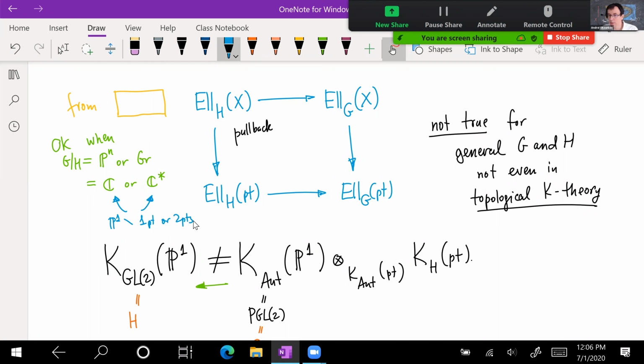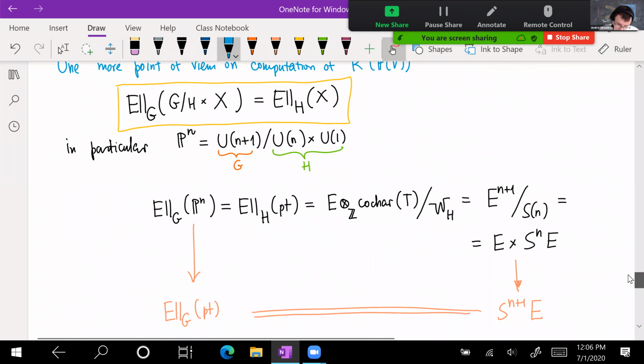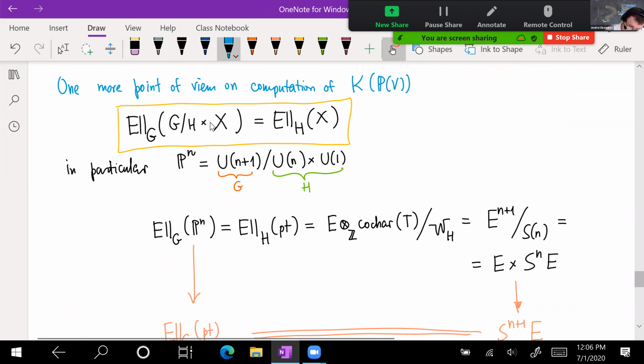And this is the same kind of reasoning we did with the Thom space. One can do the same kind of reasoning and see that all the formulas go through.